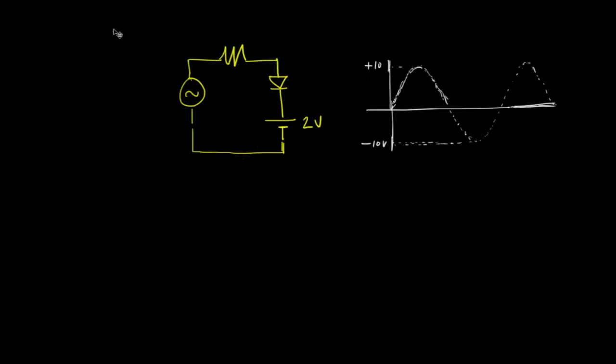I can represent the input signal like this, exactly like before. Suppose my input signal is 10 sine omega t. Now what will happen? Suppose my input is at 1 volt.